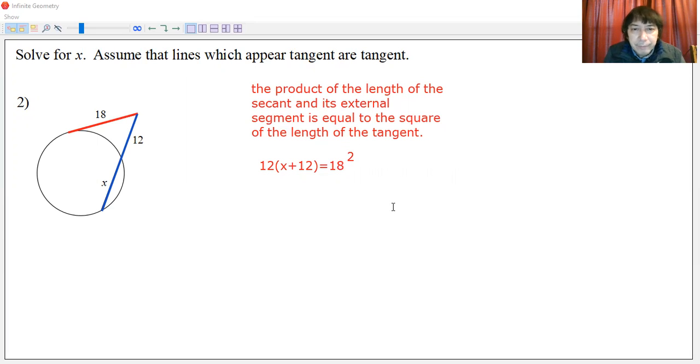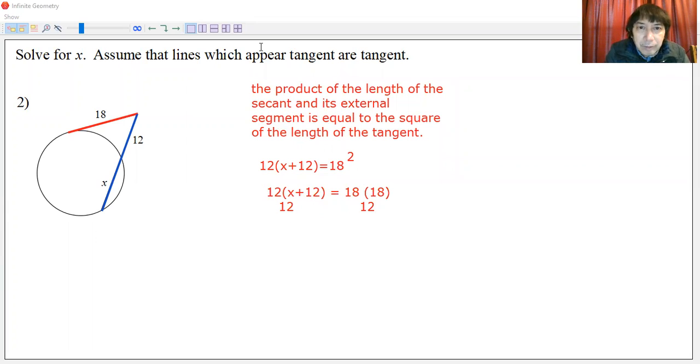So put number 2 right there. 18 squared. Again, we will continue by dividing this equation by 12. So we have here 12 times x plus 12 is equal to 18 squared, which is 18 times 18, and this is to be divided by 12, and this is to be divided by 12.